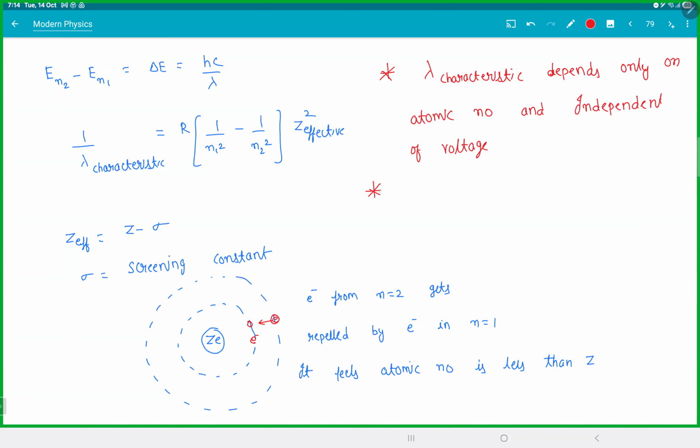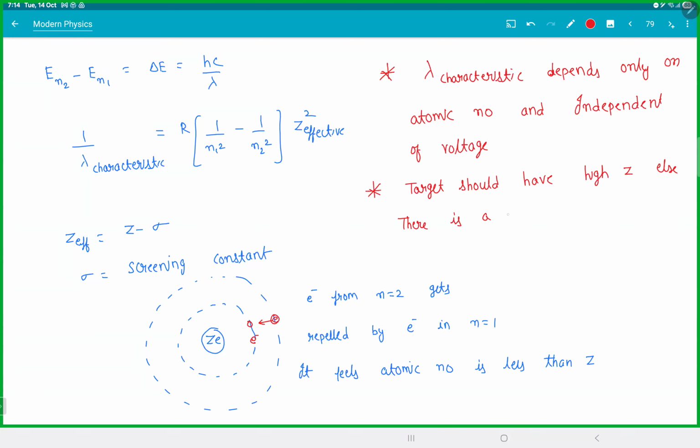The second thing is more like a precaution. We generally use a target metal that should have a high atomic number, a high Z. Else, think about it, if Z is small, then lambda will also be big, meaning your wavelength might not be in the range of X-rays.